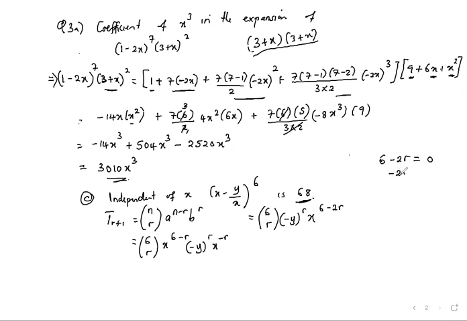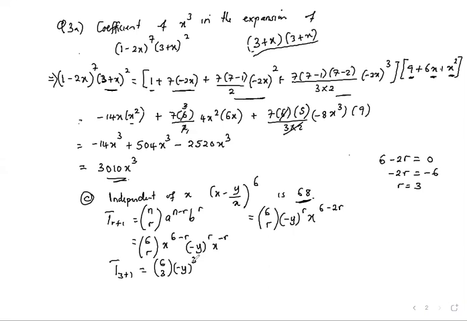So minus 2r is equal to minus 6, and so r is equal to 3. So we go back and say the term we are looking for is actually the 3 plus 1, the 4th term, which is 6C3 and then minus y power 3, and x to the power 0.